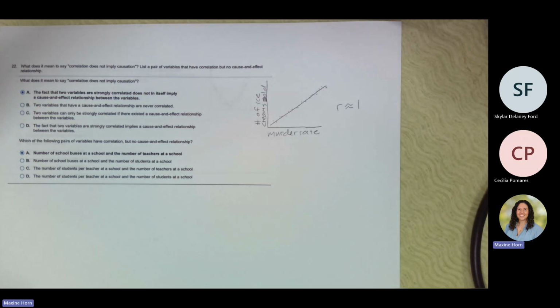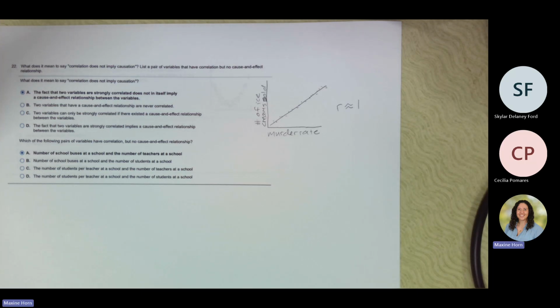They call it like an unknown factor or something like that, or a third factor that is at play here. So oftentimes it's literally just the hotter it is outside, the more violent crime there is. And the hotter it is outside, the more ice cream people buy. So ice cream does not cause murder, and murder does not cause people to want ice cream.